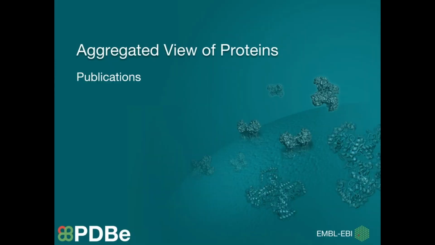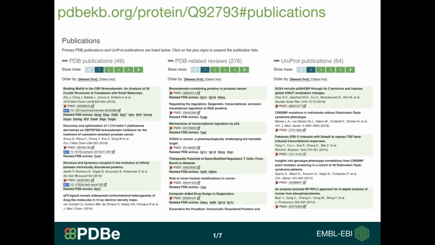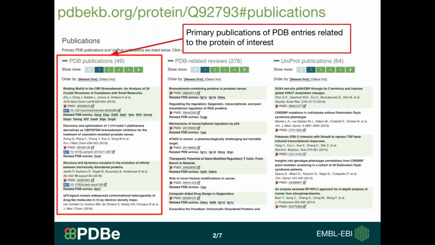The bottom section of the protein views is dedicated to publications. And here we have three main categories of publications collected for this particular protein. The first is a collection of PDB publications. This basically means that these are the publications where the PDB entries have been described originally.